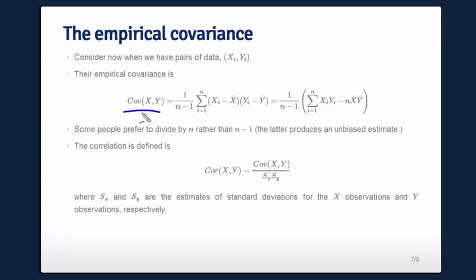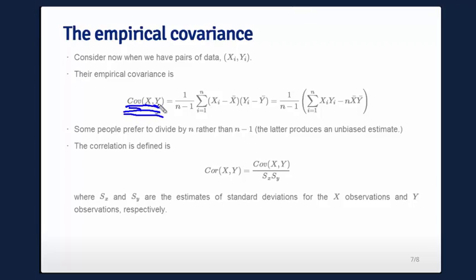So think of x as a vector and y as a vector, a list of numbers, and this covariance is a function that operates on these two vectors. That's what that notation means to me. I'm not defining it as the population covariance. This is an empirical quantity, but that's just a convenient way for me to write it, and you'll see how we use it frequently in the class.